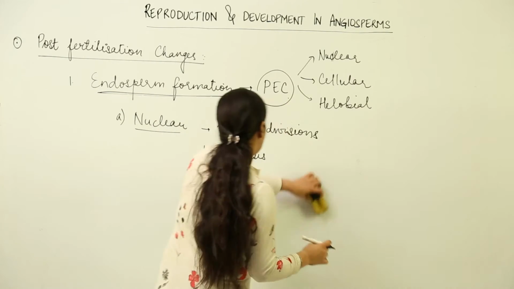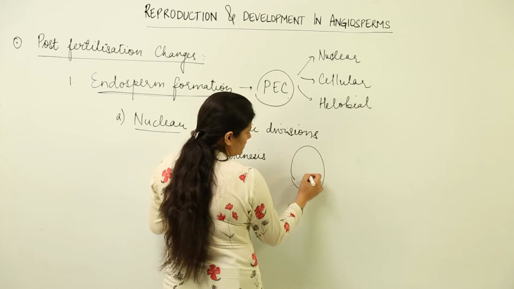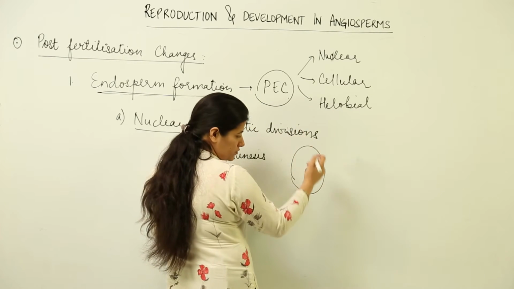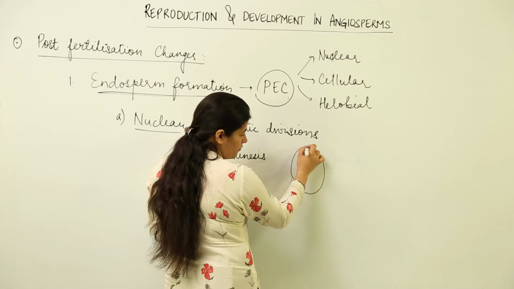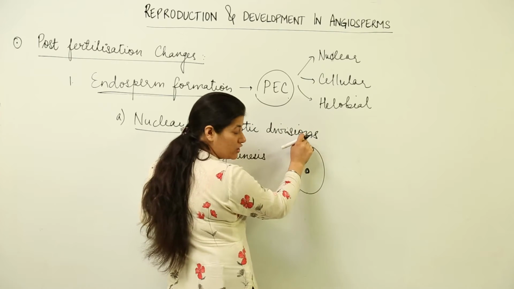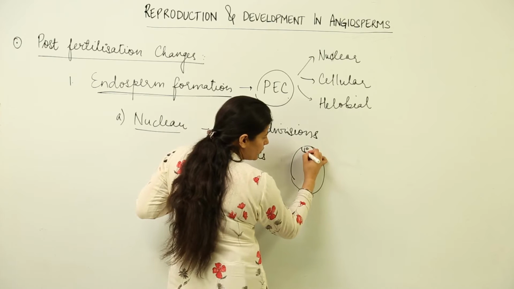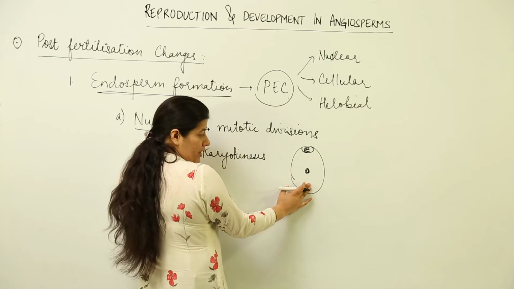So supposedly this was the primary endosperm cell in the beginning. Over here it had the embryo. If I take this as the embryo and this as the primary endosperm cell, you can make out that this is the micropylar end, this, let it be denoted by E, is the embryo, and this is the primary endosperm cell.